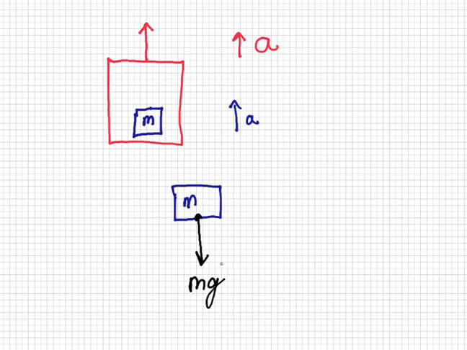Now what else do you have? Reaction. Very good. No friction unless it's sliding, so we won't assume it's sliding. That's it. No left or right here.